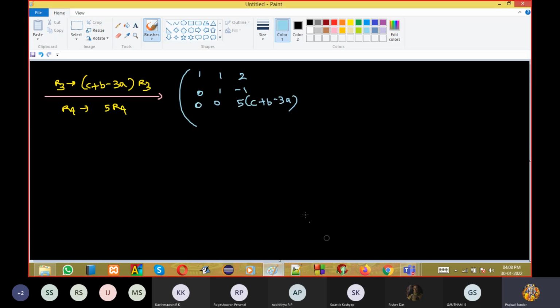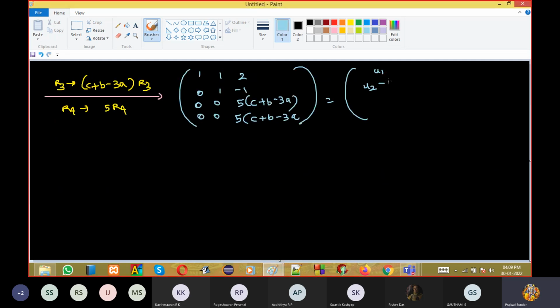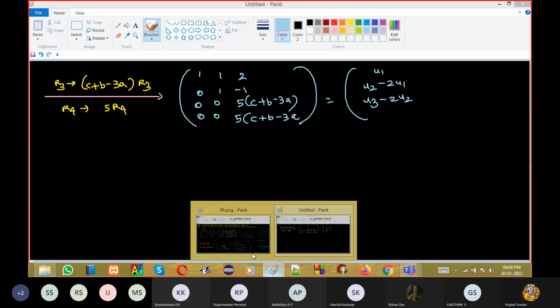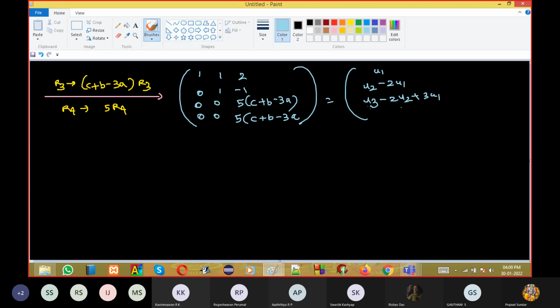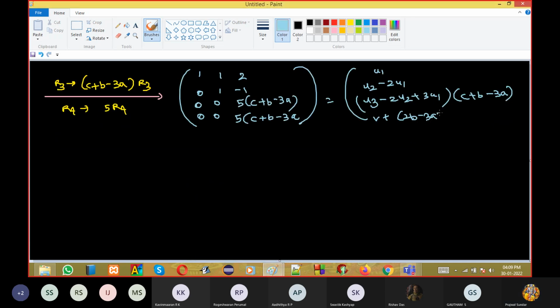Here I'll get U1, then U2 minus 2U1, then U3 minus 2U2 plus 3U1 into this entire quantity c plus b minus 3a, and here B plus (2b minus 3a) into U1 plus (a minus b) into U2, whole multiplied by 5. I'm not doing 5 everywhere.